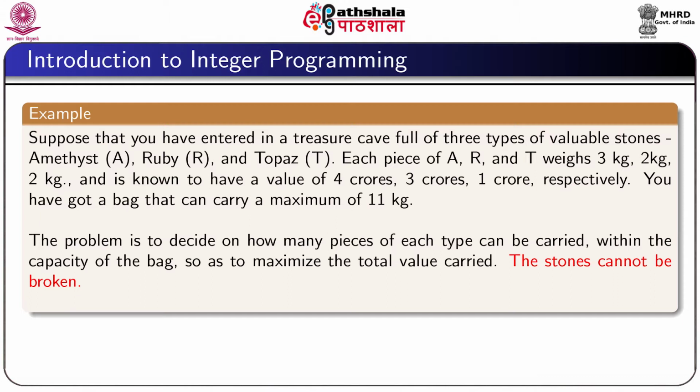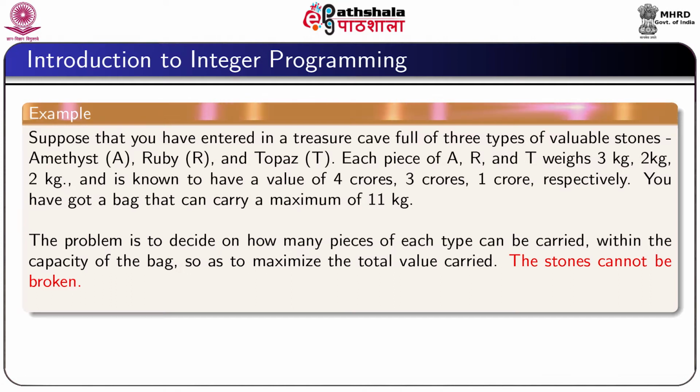Let us take an example. Suppose that you have entered a treasure cave full of 3 types of valuable stones: amethyst A, ruby R, and topaz T. Piece of A, R, and T weighs 3 kg, 2 kg, and 2 kg respectively.